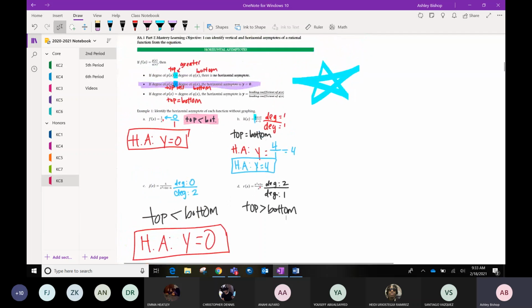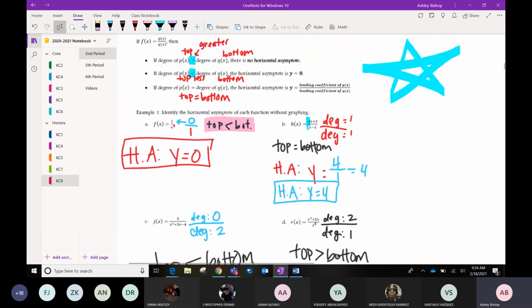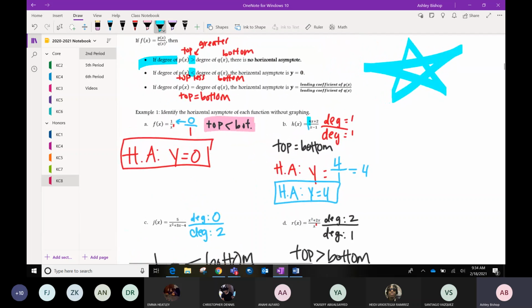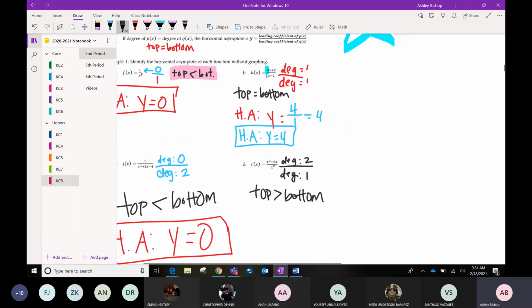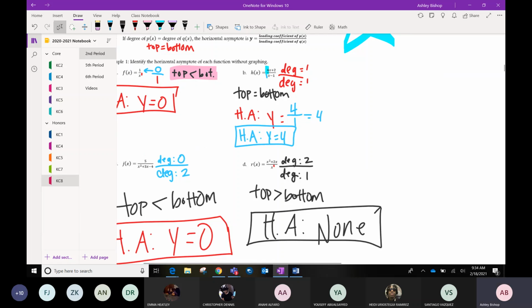And then that would mean top is greater than the bottom, puts me at my first scenario, which is there is no horizontal asymptote. So you can write there is no horizontal asymptote. That's a lot of work. So I'm going to put horizontal asymptote as if I was writing the answer, and then I'm going to write none. Okay.